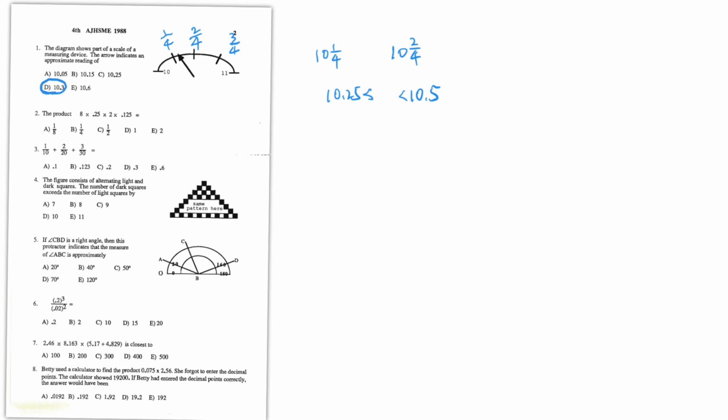Only 10.3 is greater than 10.25 and less than 10.5. Number 2, the product 8 times 0.25 times 2 times 0.125 is. It's better to write it as fractions because the answers are in fractions.